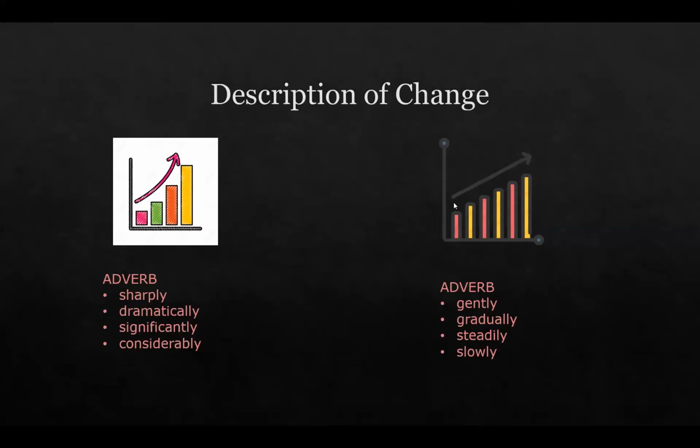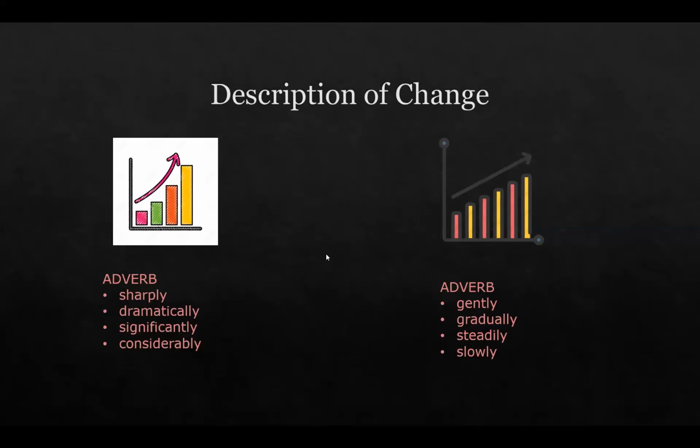And this one is increased a little bit by year. So we would say gently, gradually, steadily, slowly. So I could say the population increased gently each year. And this is the description of change.